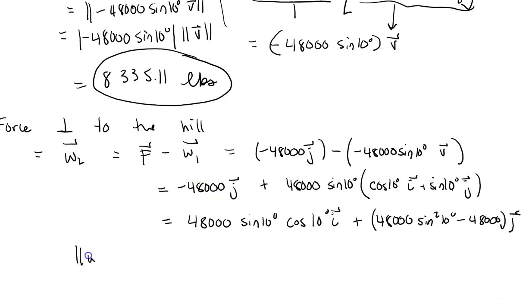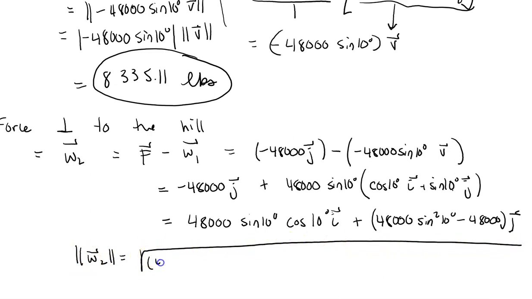So the amount of force would be the magnitude of W sub 2, which is the square root of 48,000 sine of 10 degrees squared. Oh, sorry, cosine of 10 degrees also.